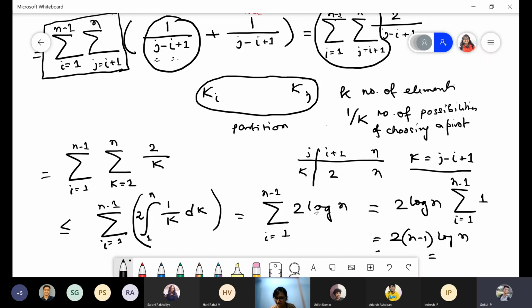Write it as theta of n log n. So that's why we can claim that the randomized quicksort algorithm is going to give us an expected value not more than theta of n log n. That's why the average case complexity is going to be this only.